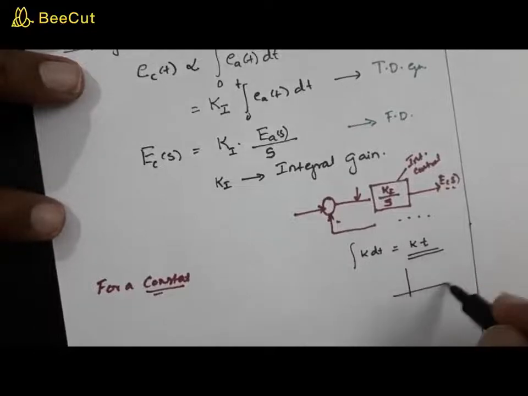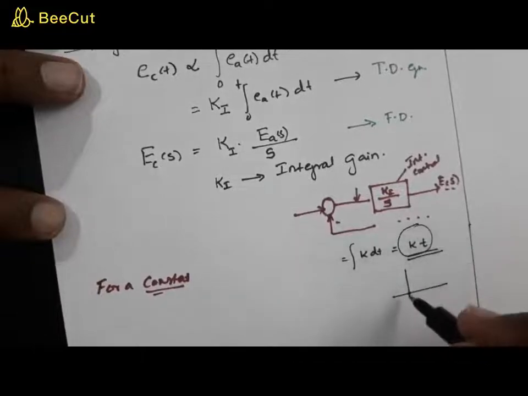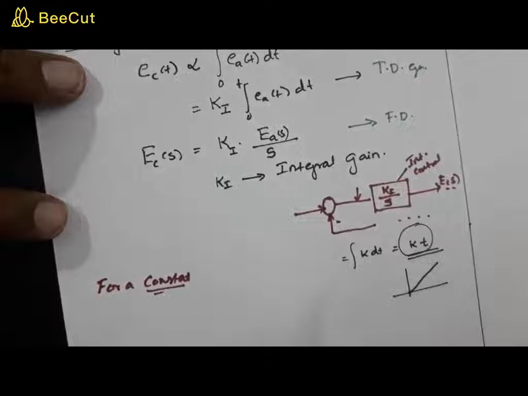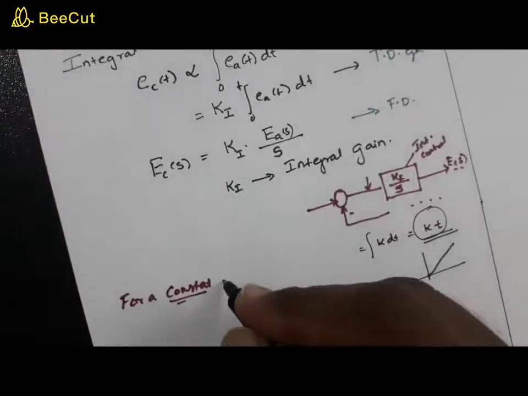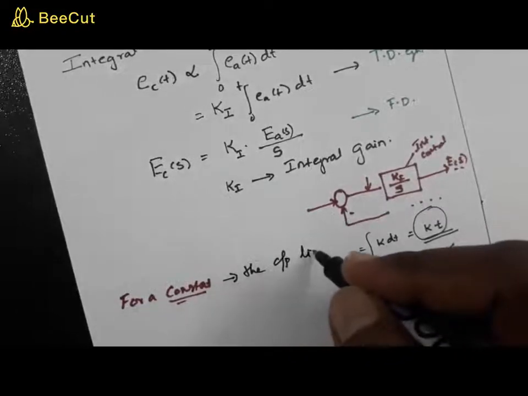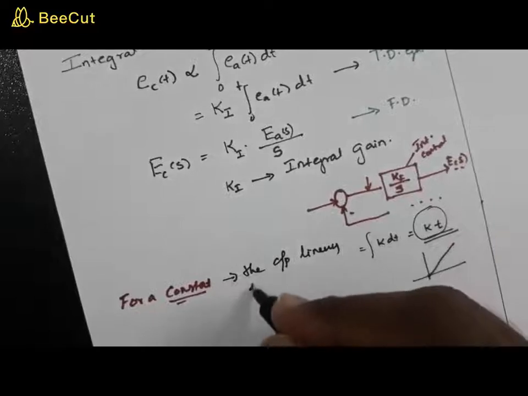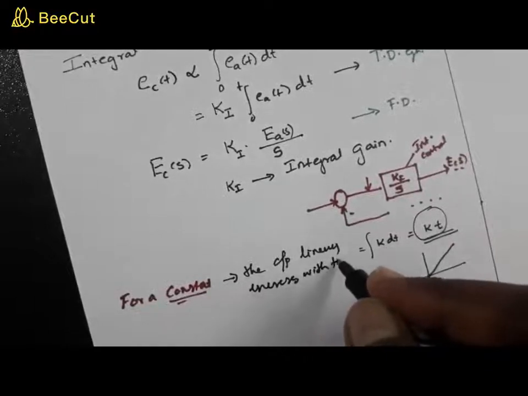If you try to draw the diagram of this function K into t, that will be a linear graph. So for a constant input, the output linearly increases with time.